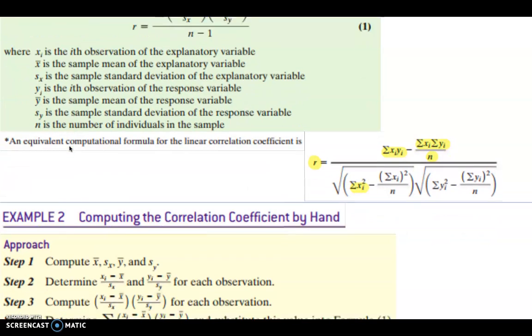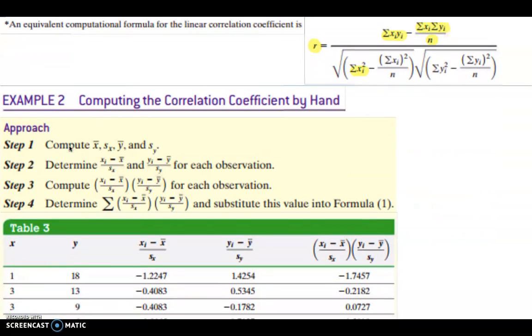And so if you were to try and do this by hand, here is everything you would do. You would compute x bar. You'd compute the standard deviation of one variable, then y bar and its standard deviation for y. Then you would determine x sub i minus x bar over s sub x, and y sub i minus y bar over s sub y for each and every observation.